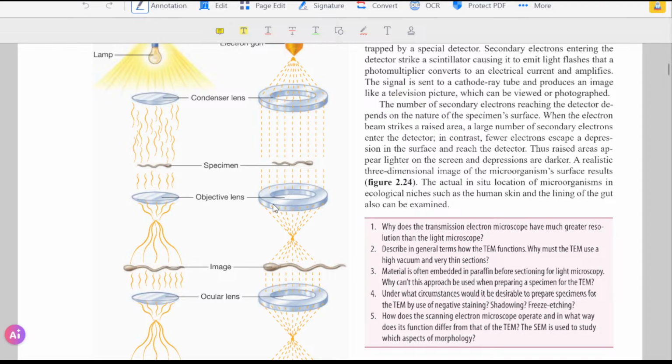Why is that? Because in an electron microscope we don't see the image with our eyes. In a transmission electron microscope, the fluorescent screen works as our eye, and they don't need any lens because they study the pattern of these electrons rather than light captured directly by a lens. With the lamp we use our own eyes, and that's why we need objective lenses for magnification.